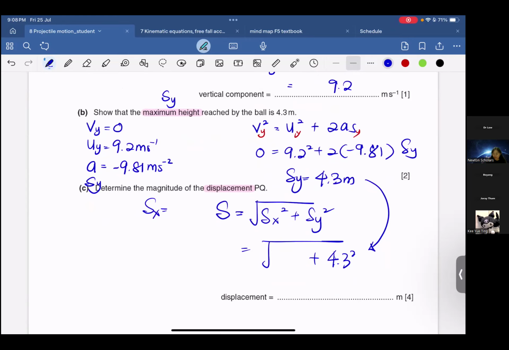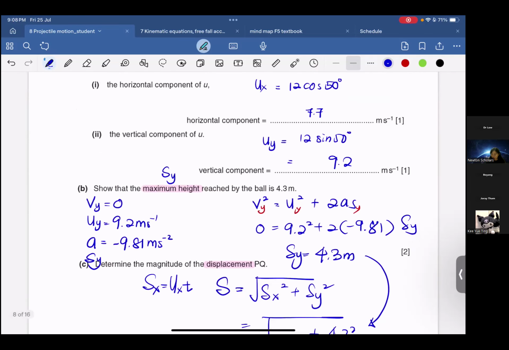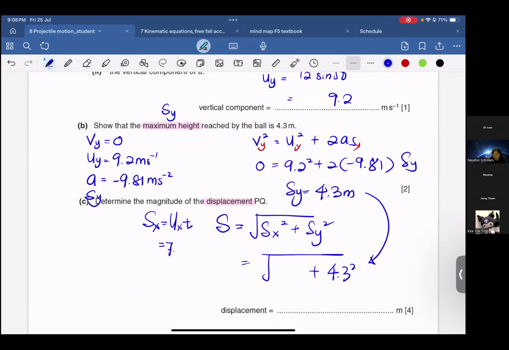Horizontal component, just now I told you, is uxt. But the problem is, teacher, I know the ux, which is 7.7, but I don't know the t. That is another problem. What is the t? So can you try to find out the t?